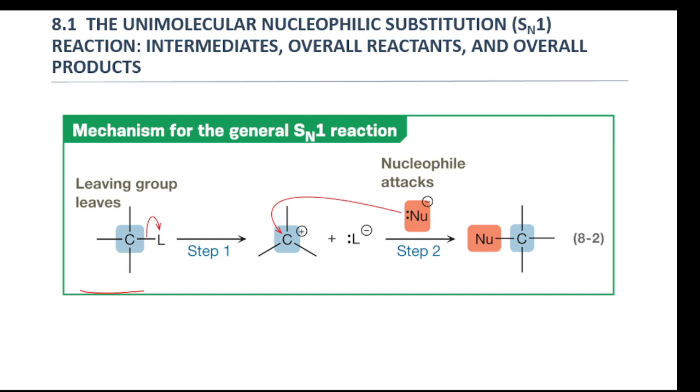Okay? And that is going to be, the leaving group is going to leave with its electrons, leaving behind the carbocation. Can everybody see that step okay? That's a very high energy step, isn't it? Yeah, we're generating carbocation. So what's going to happen next is this leaving group is going to drift off.